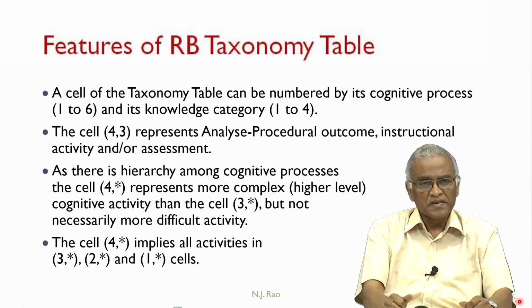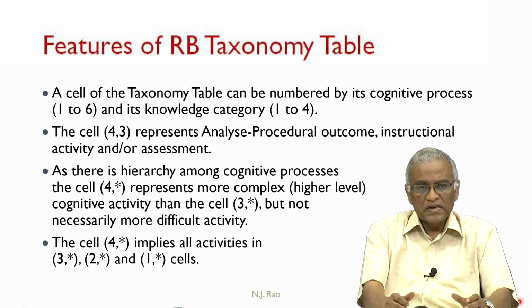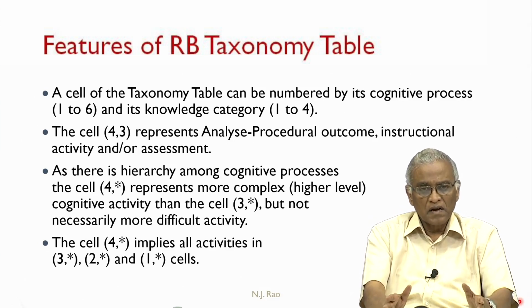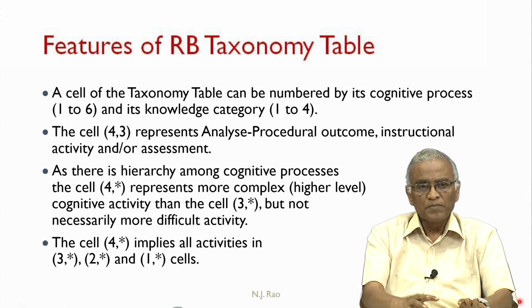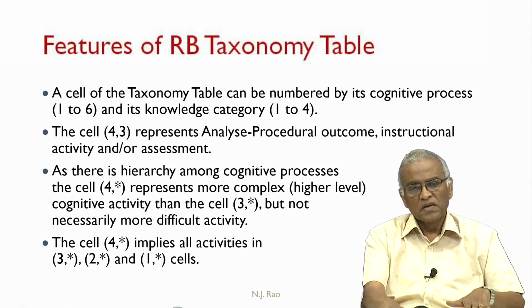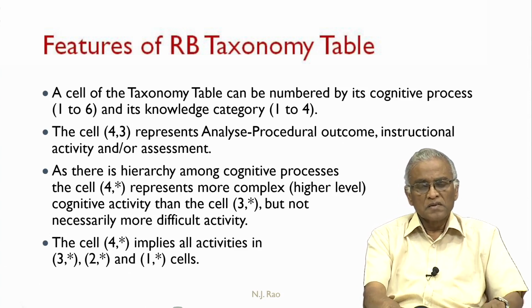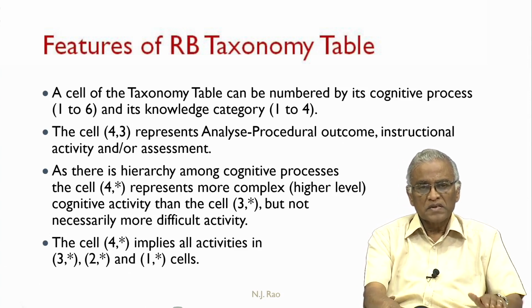complexity and difficulty, though it does not directly get reflected in the taxonomy table, but if one wants, they can add another dimension of difficulty to that. Complexity is incorporated as you keep going down the rows, that means you are making the level of complexity higher and higher.